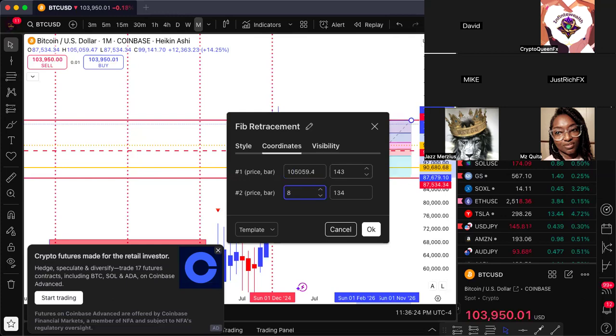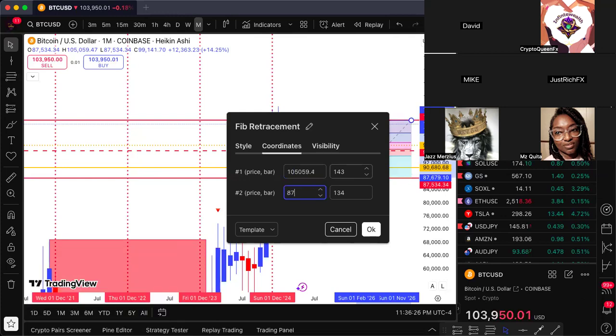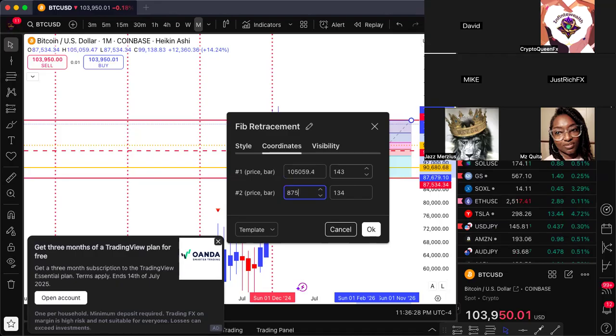And this is the monthly. I'm just readjusting the monthly for Bitcoin.